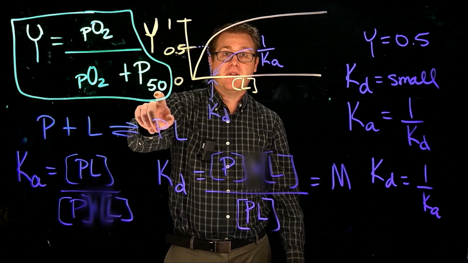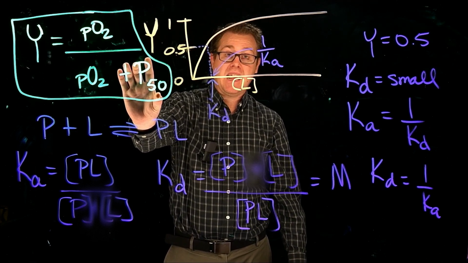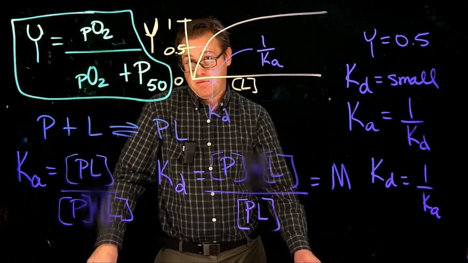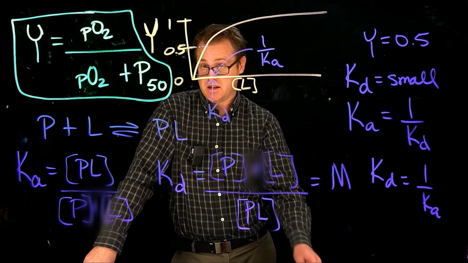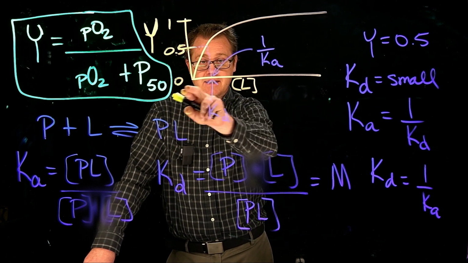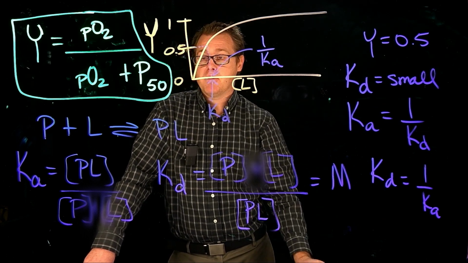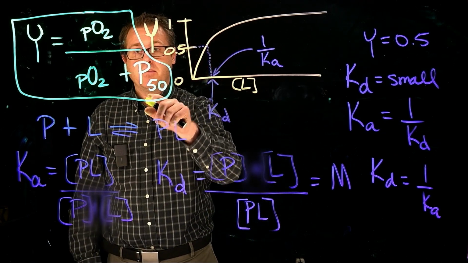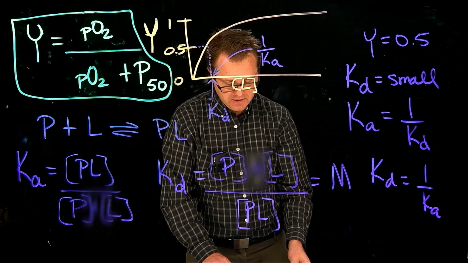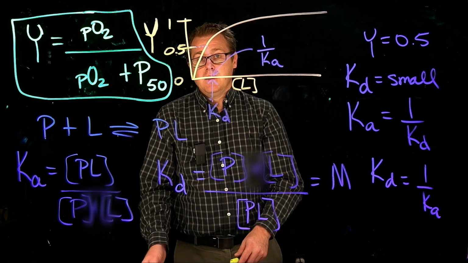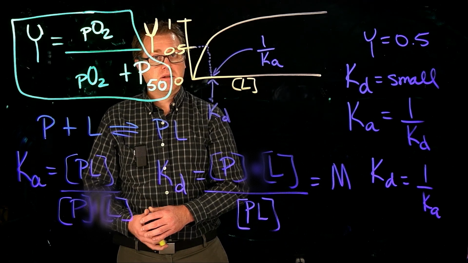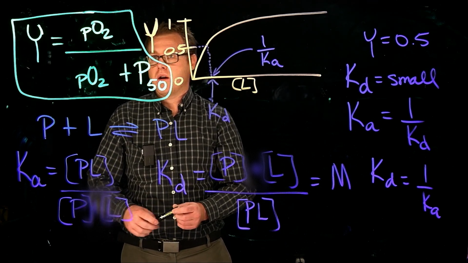Capital P sub 50 right there, that is the KD. It's saying the same thing as what a KD would do. It just says that's the partial pressure, whatever it is on this x-axis, where 50% of the binding sites have been occupied with oxygen. So that's how we come to these equations. And so this is where I'll end this video.